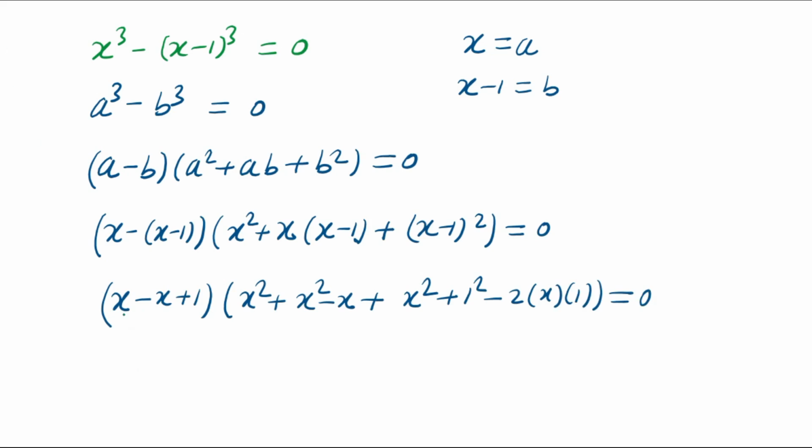Here this is minus x and this is plus x, so both are cancelled out, and 1 multiplied by any number does not change the number because 1 is the multiplicative identity.